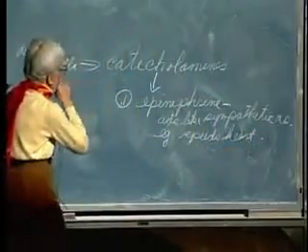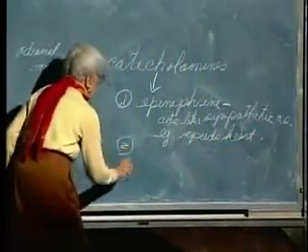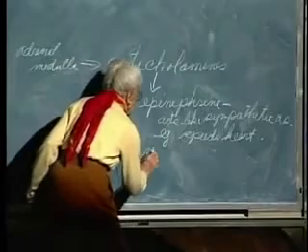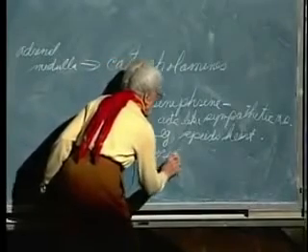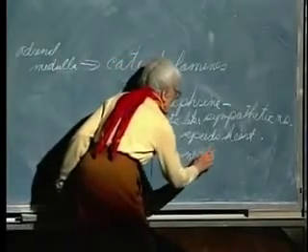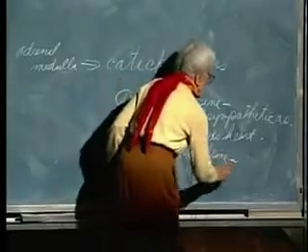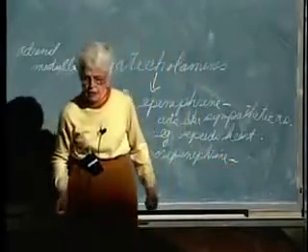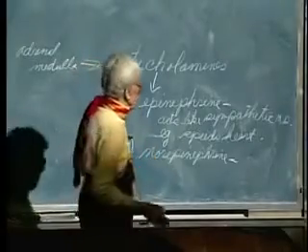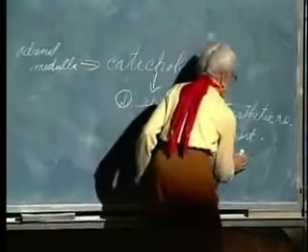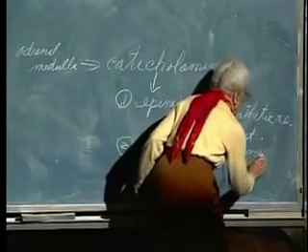And the other catecholamine is norepi or norepinephrine. And it is, for example, a vasoconstrictor. Constricts the blood vessels. Vasoconstrictor.